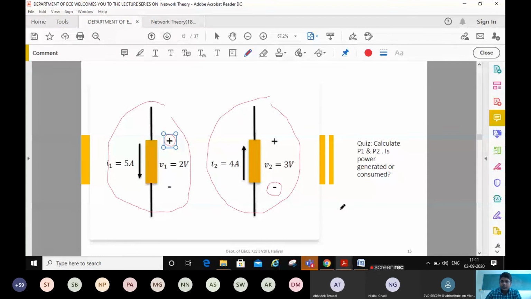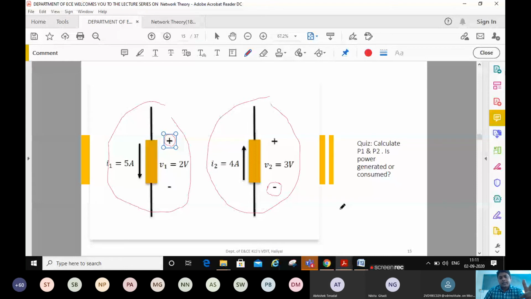This convention we follow is called the passive sign convention. Here we consider the direction of the current. If it enters from the positive terminal, we take it as a positive current in the equation P equal to VI.